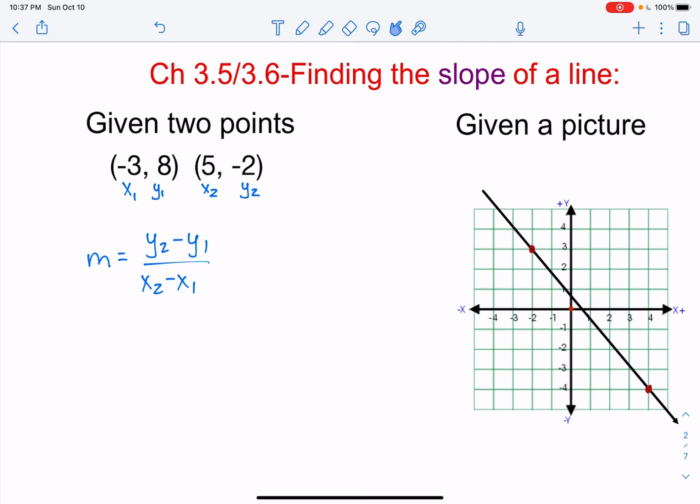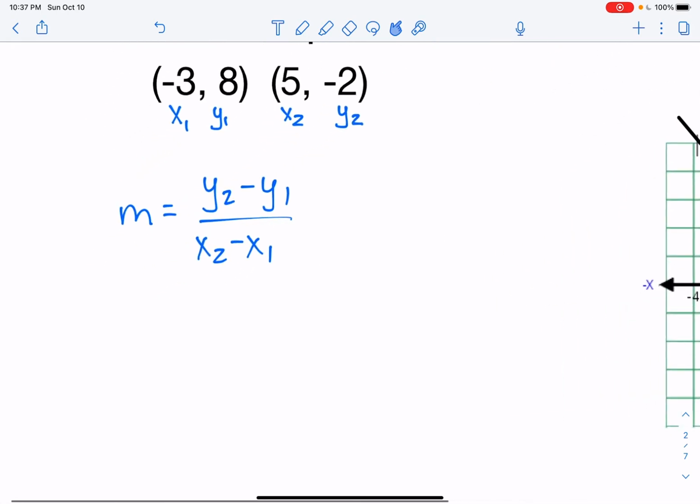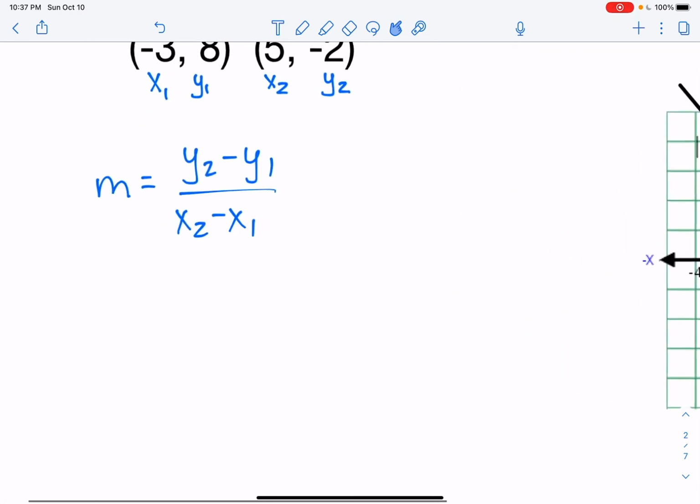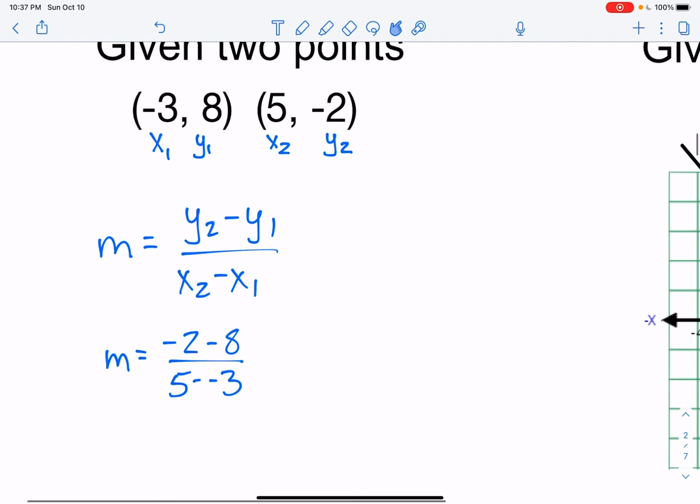So if I'm going to find the slope of that line given two points, now this is what you're going to have to do on your 3-5 homework. You're going to be given two points, and you're going to be doing it like this or on the graph or both. Here's how you find the slope. I just plug those values in. Wherever I see y2, I replace it with negative 2. Where I see y1, I replace it with 8.